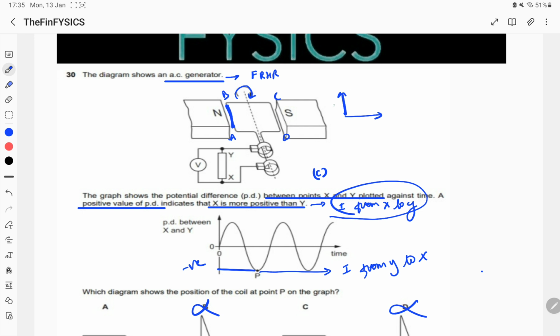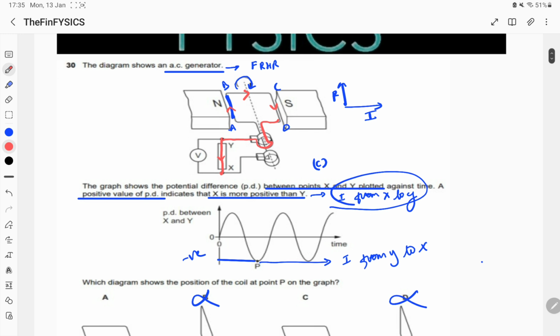So force is upwards. This is my force. This is my magnetic field, my index finger. Use your right hand rule and check where the middle finger points. You will see that the middle finger points into the page, which means current is entering AB, moves to the right, comes out of CD, and then from here it is taken into the resistor from Y to X.